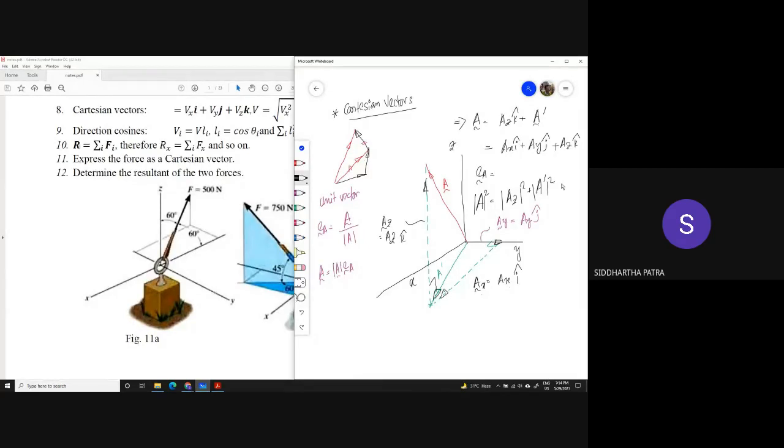And in a similar fashion, A prime squared is Ax squared plus Ay squared.